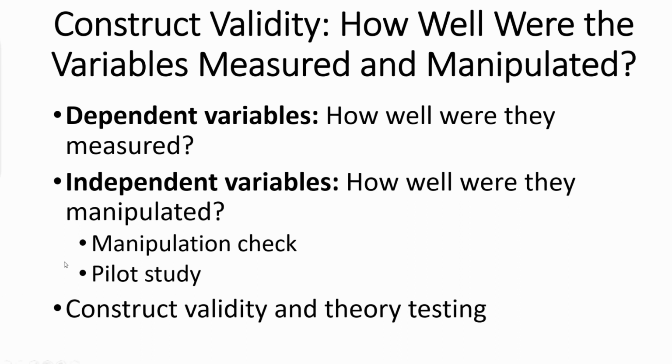So you can do a couple of things. The first is a manipulation check. So researchers can add in an extra dependent variable that will give us an idea that the experimental manipulation actually works.